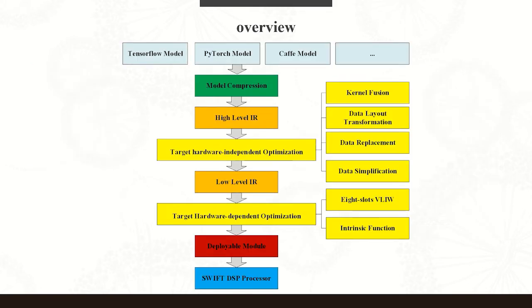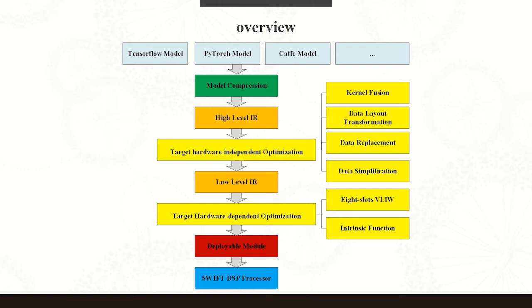I present a deep learning compiler for Swift DSP based on the LLVM framework, called DLCS, which allows DL models to be lowered to an intermediate representation of two levels.